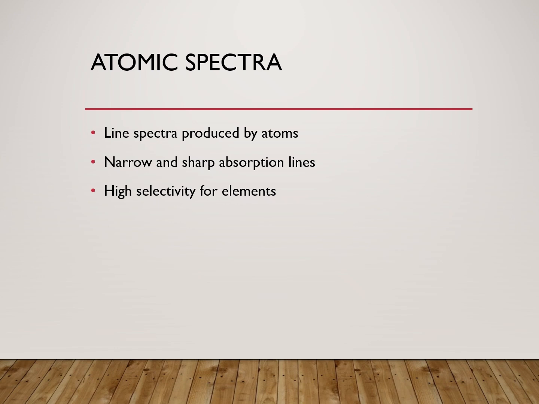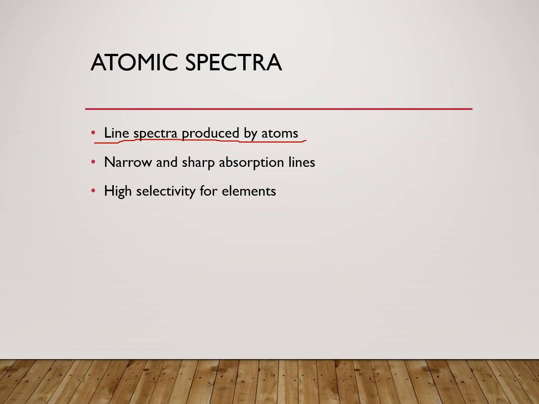Now we will discuss the atomic spectra. Unlike molecules, atoms produce line spectra rather than band spectra. As we discussed in different spectroscopic techniques, molecules produce bands.